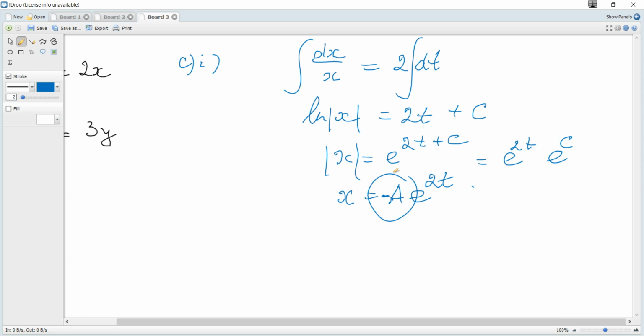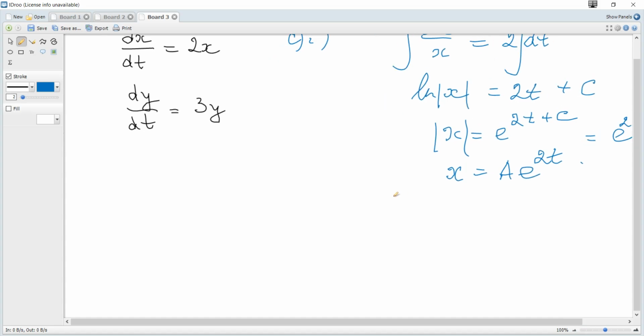But anyway, it's a constant to be found, and in general, you may rewrite without absolute value, just x. Why? Because this constant will take into account whether x is positive or negative.